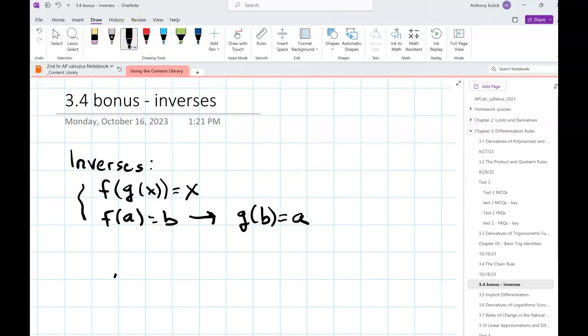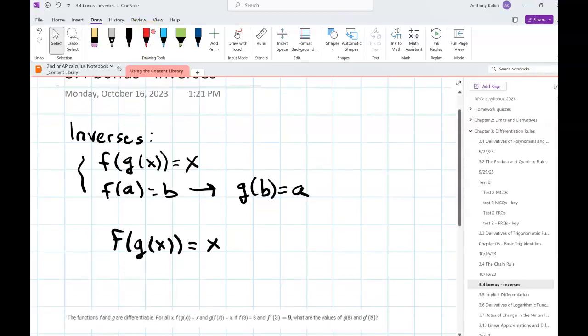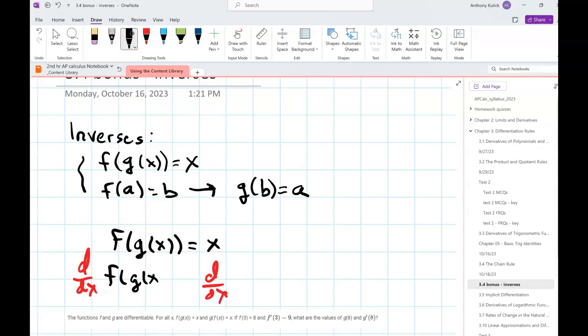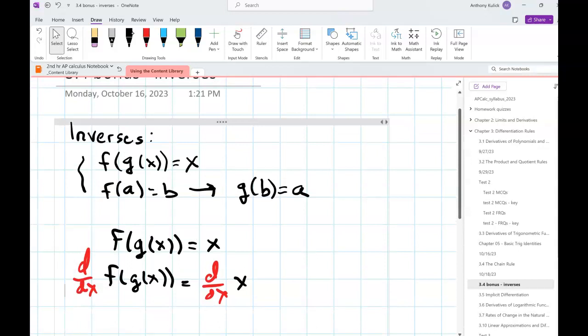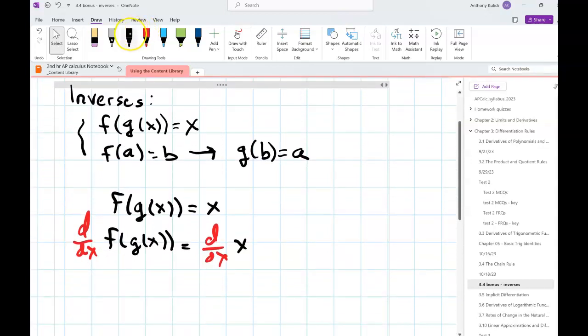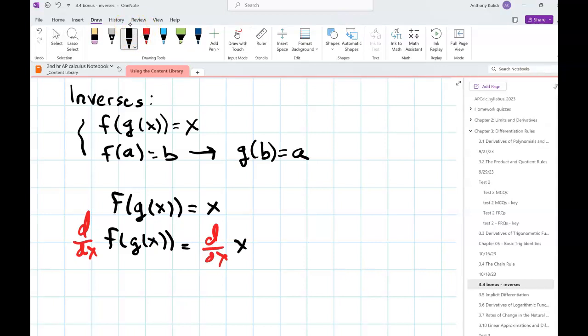So let's say we have f and g that are inverses. So we can say this. If I take the derivative with respect to x of both sides, what is the derivative of f of g of x? f prime of g of x times g prime of x.